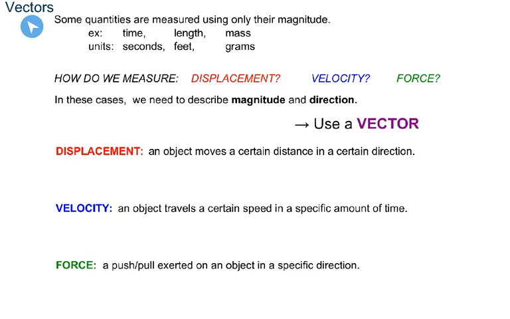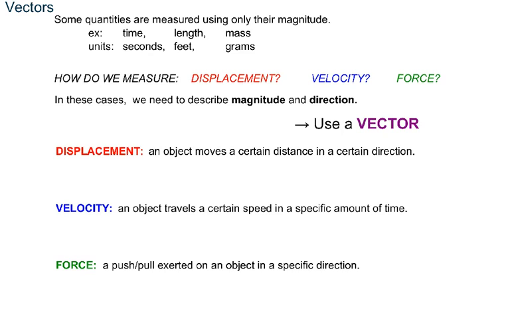What is a vector? Some of the quantities when we talk about measurements are measured using only their magnitude, such as time, which could be measured in seconds or minutes or hours, but one unit. Length, which could be measured in feet. Mass, which could be measured in grams or pounds.